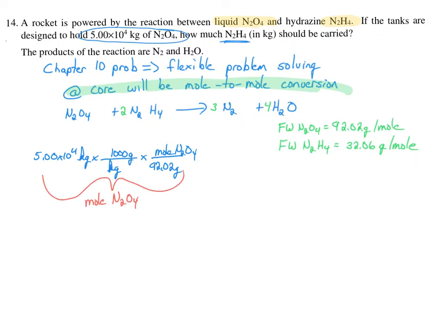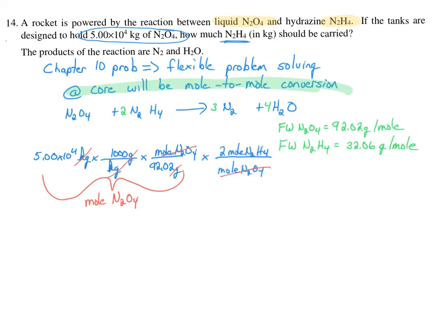Okay, so thus far in our calculations, we see kilograms cancel, grams cancel, and therefore this portion of the calculation is moles of N2O4. Now we can incorporate our mole-to-mole ratio.